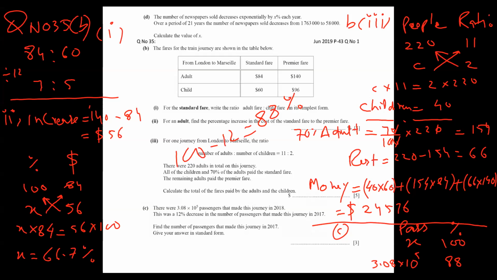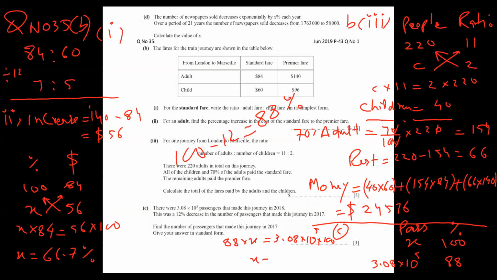So let's find here. I have space issues. So 88 times X is equal to 3.08 into 10 to the power 5 into 100. And now this value comes and divides down. So I'm just showing the working.